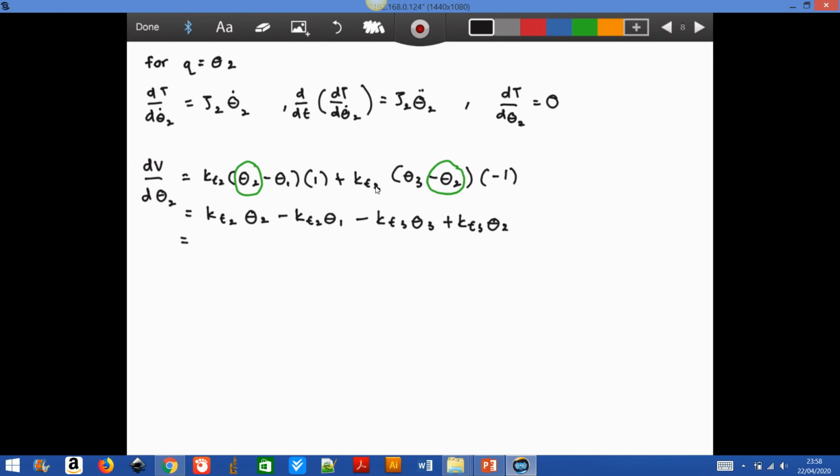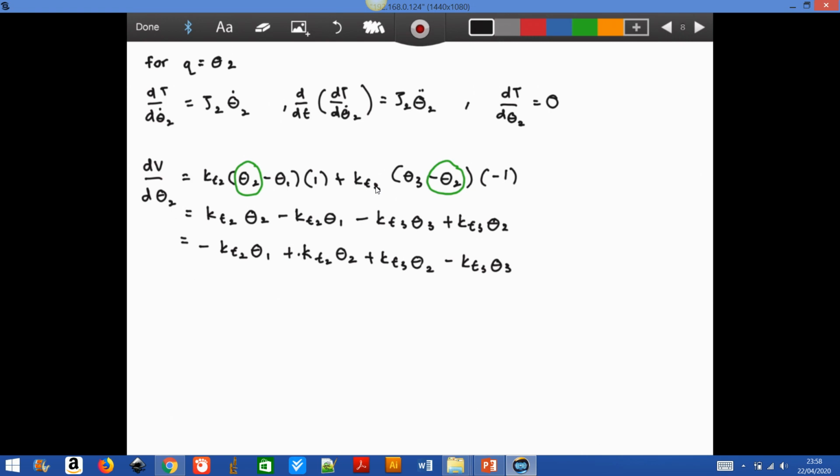If I rearrange everything, we will get minus kt2 theta 1 plus (kt2 plus kt3) theta 2, minus kt3 theta 3.